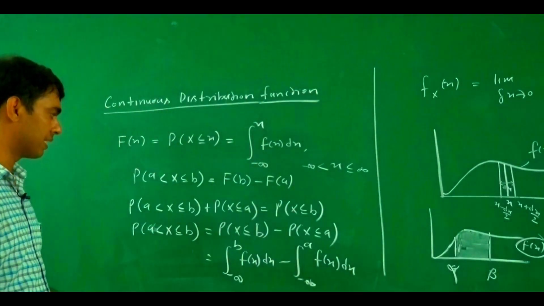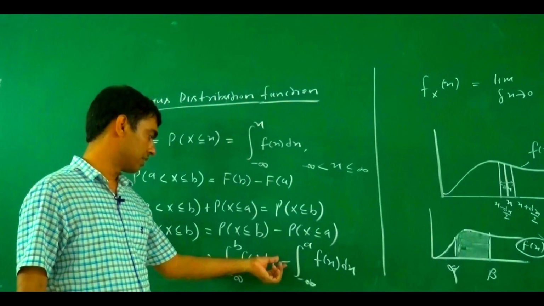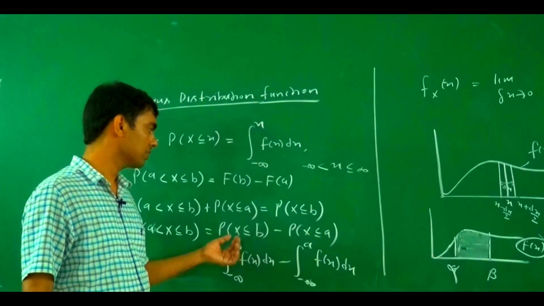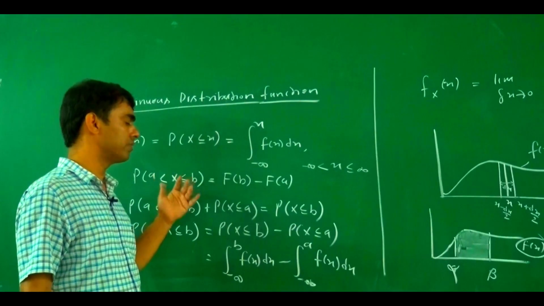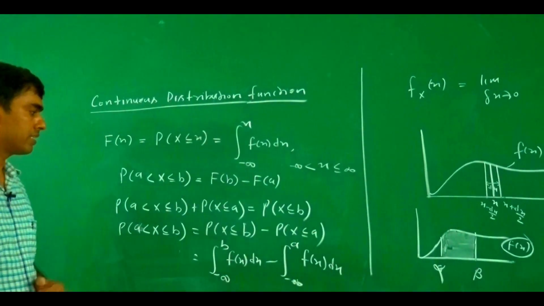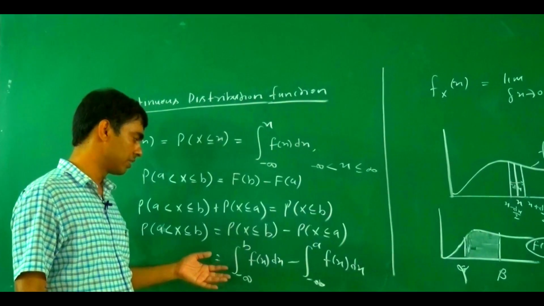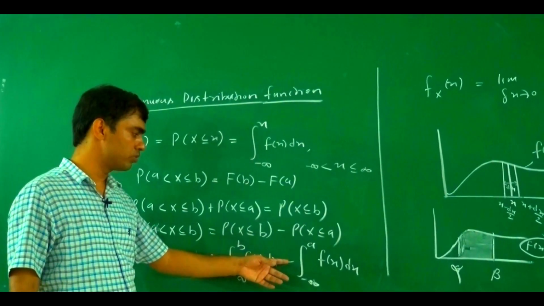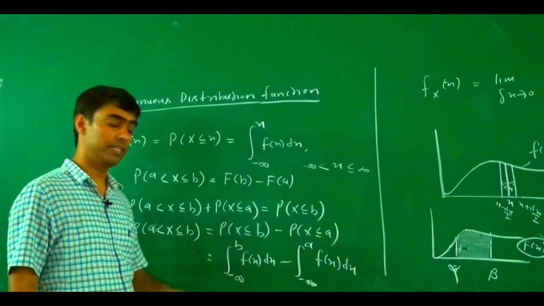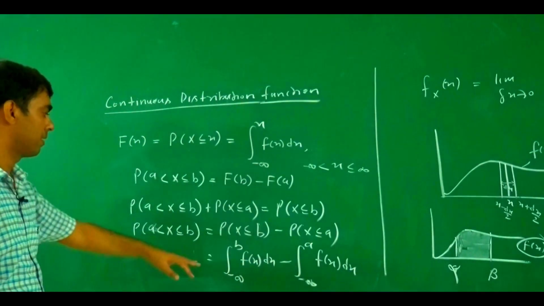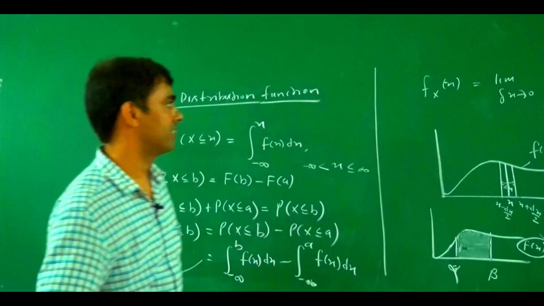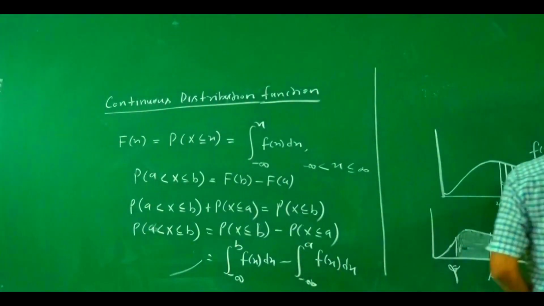Now using the property of a definite integral, if a is less than b, we can write this in a different way, changing the limits so that the minus becomes a plus.